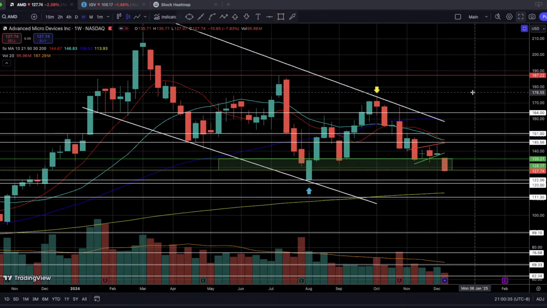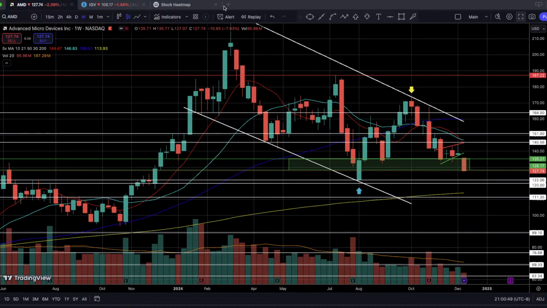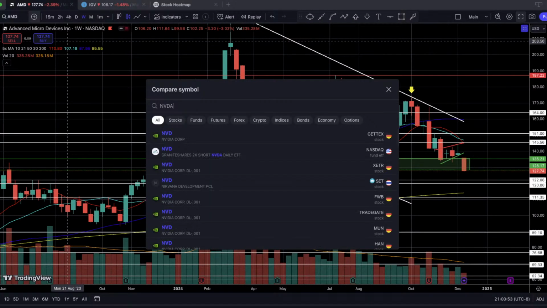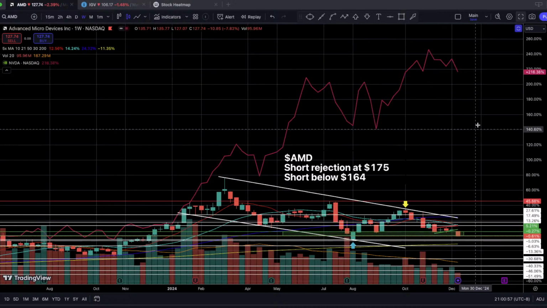Well, individual tickers like AMD, which has been lagging all year and basically diverging away from NVIDIA's path of a straight uptrend, because again, AMD looks completely different to NVIDIA, right? If I just take a look at the percentages here, let's compare it. Let's look at NVIDIA. Okay, look at that.